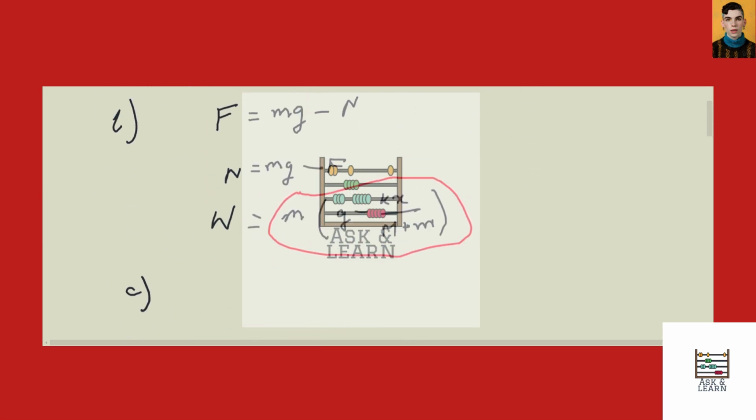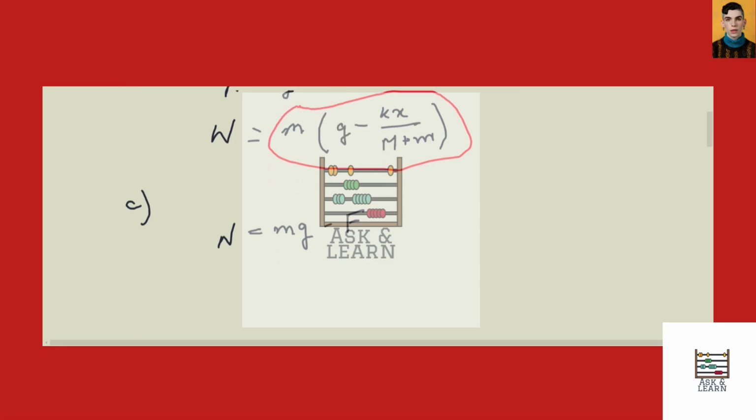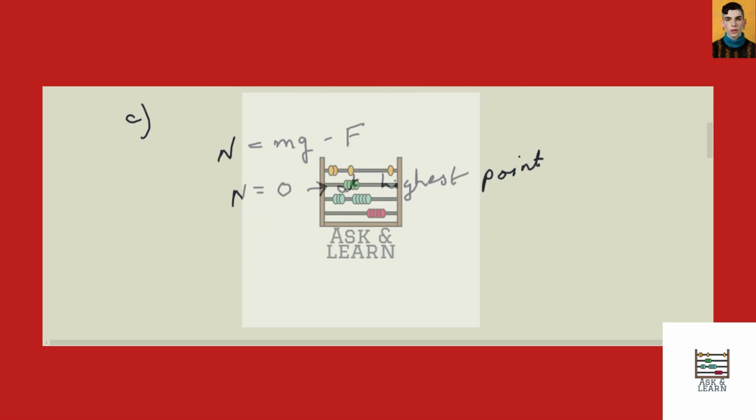So we have the normal reaction equal to mg minus F, right? And at the highest point, for both the masses to oscillate together, we will have the normal reaction N equal to 0 at the highest point. This gives us mg equal to F, right?